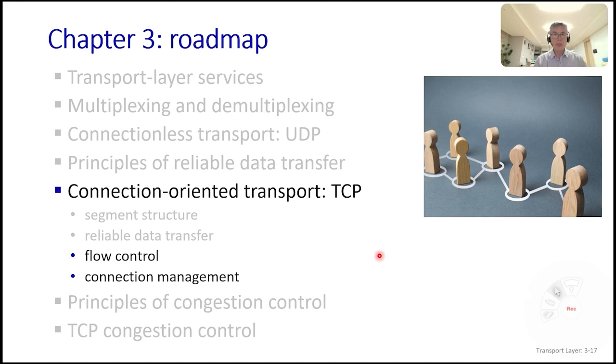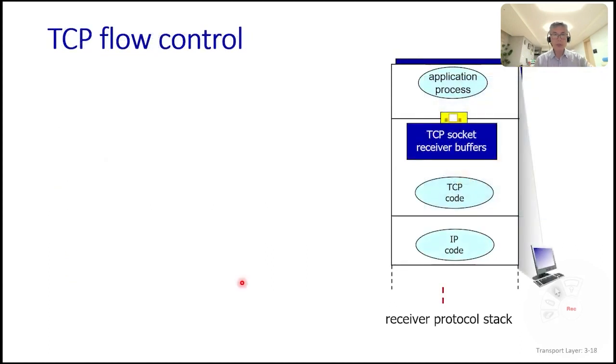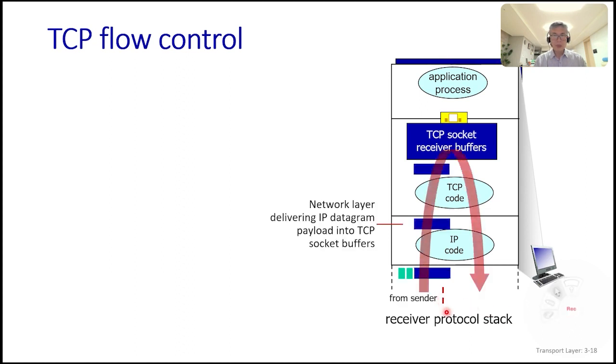Next one is connection-oriented TCP, where we'll study flow control and connection management. In the flow control case, from the receiver's perspective, we look at the receiver protocol stack. Here are the IP layer, TCP, and socket layer.